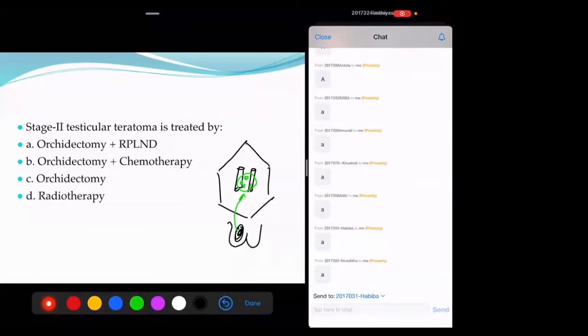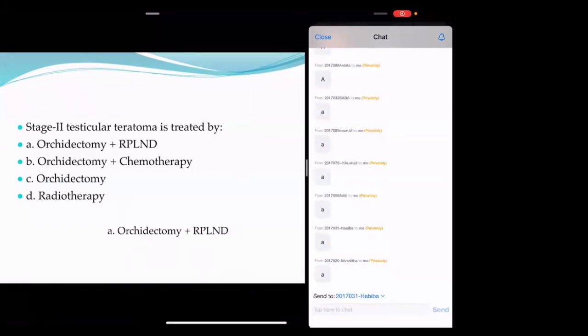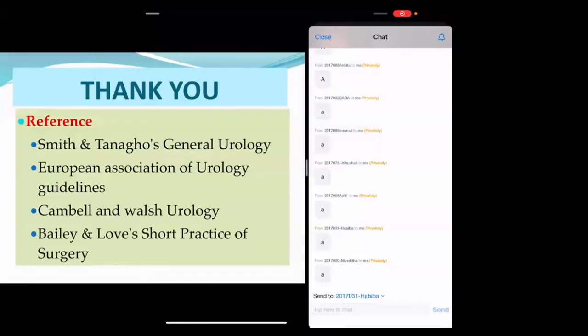Teratoma is a non-seminomatous germ cell tumor. So what is the option for this patient? Remove the testis, no doubt, and remove the lymph nodes. So the option is orchiectomy with RPLND. These are the references I have used.